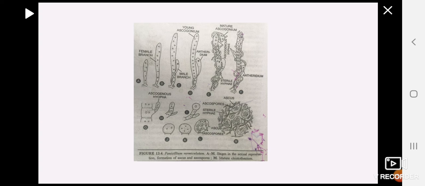Now, what happens after plasmogamy, that is, the fusion of protoplasm of the ascogonium and antheridium? After the plasmogamy, the male nucleus may degenerate in the antheridium. So, as I told you, the antheridial protoplasm stimulates the ascogonium to develop further. Now you can see here, after the plasmogamy, the ascogonium divides into a large number of cells arranged in a row.